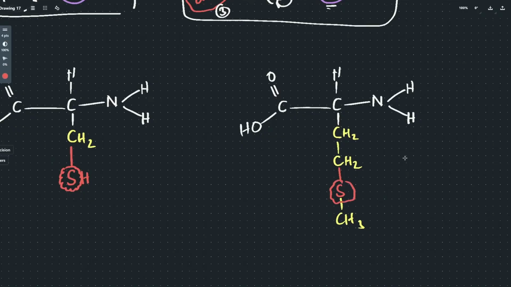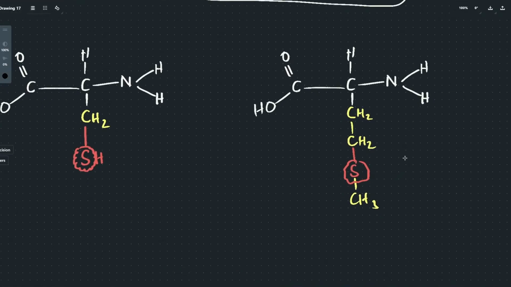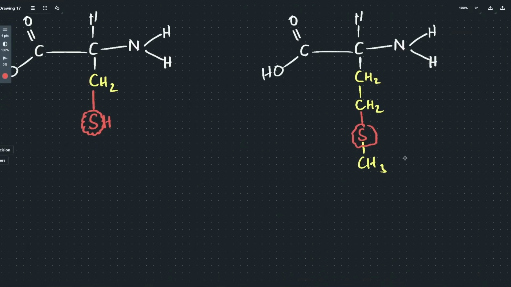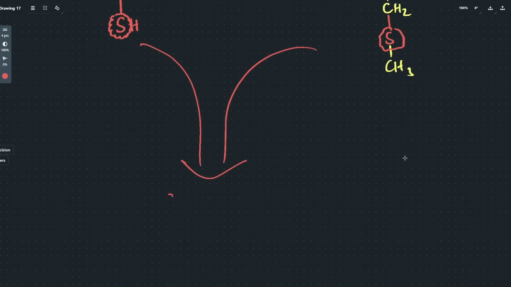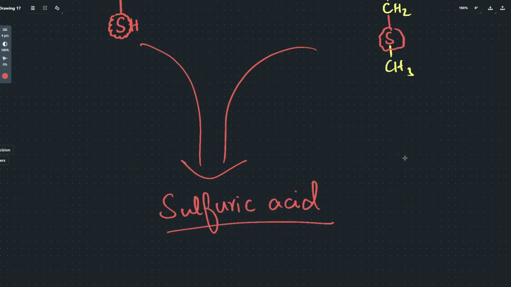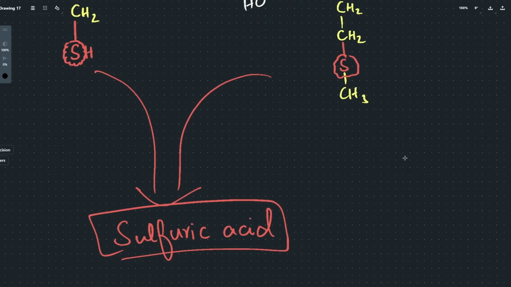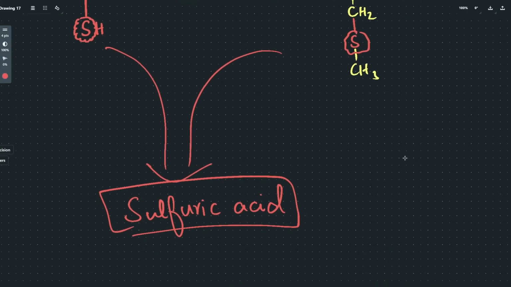Now sulfur containing amino acids can produce, through a multi-step pathway, another acid that is called sulfuric acid. Now this is a very dangerous acid, a very strong acid. So it is quickly buffered, so much so that in textbooks you will see it written as sulfate.